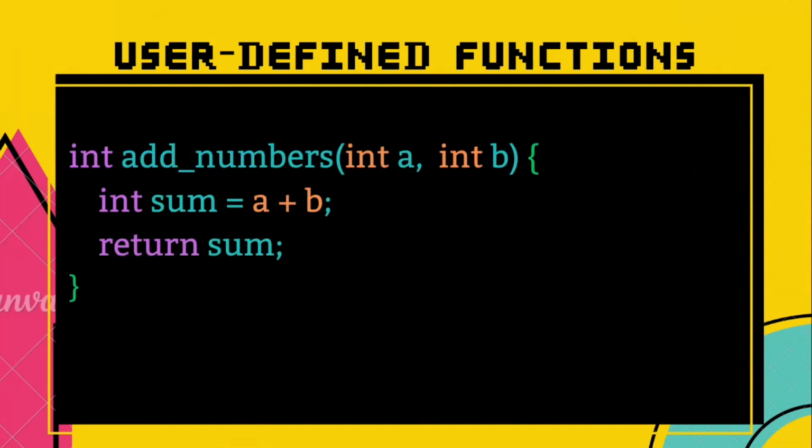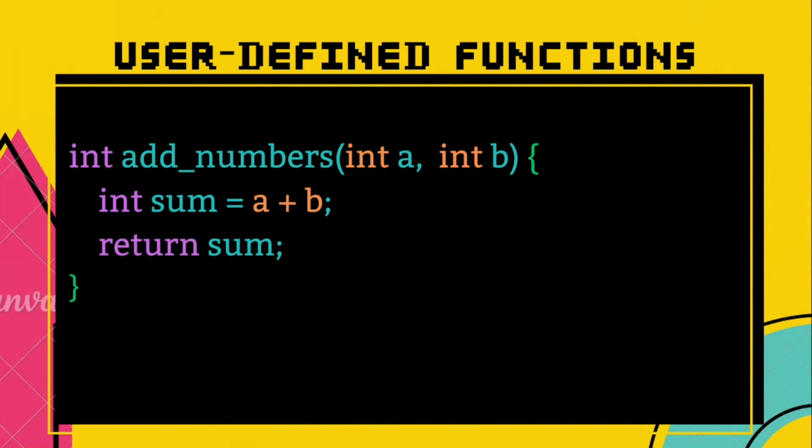For example, in this defined function, int is the data type of the function, which means that the function will return an int. add_number is the name of the function. int a and int b are the parameters. a and b both have int data type. Then it performs addition, and at the end, the function returns the result.